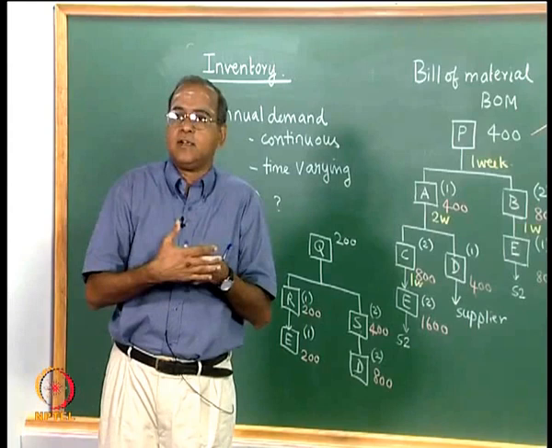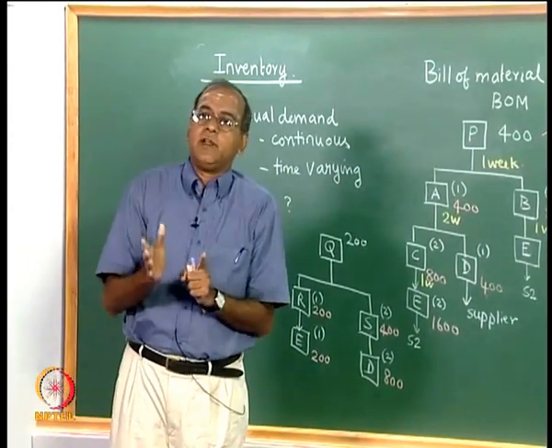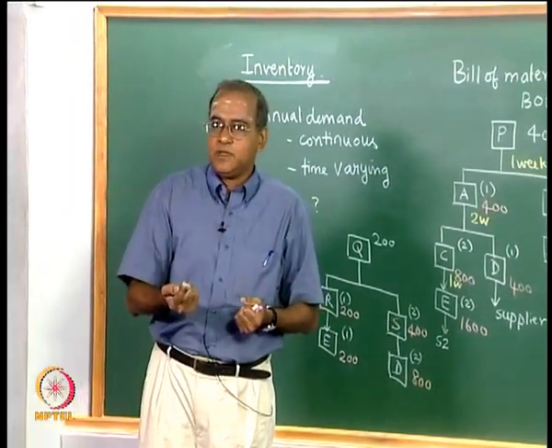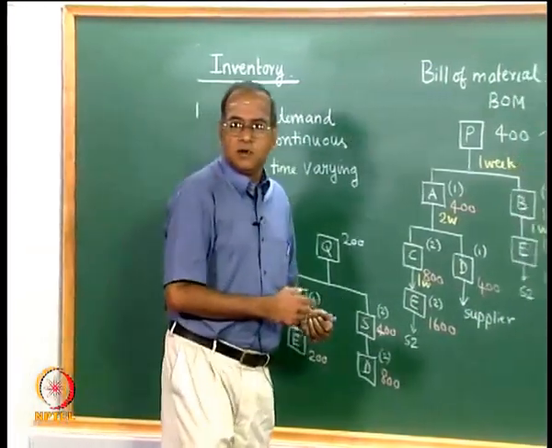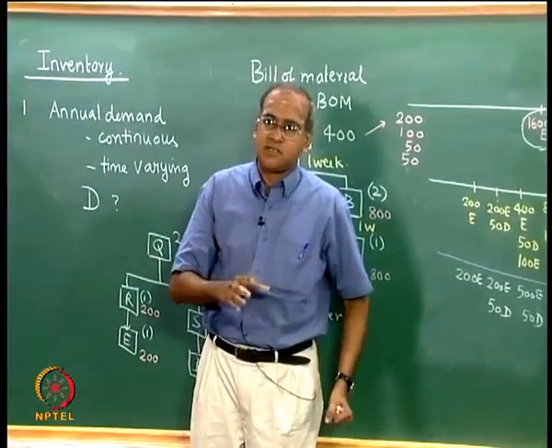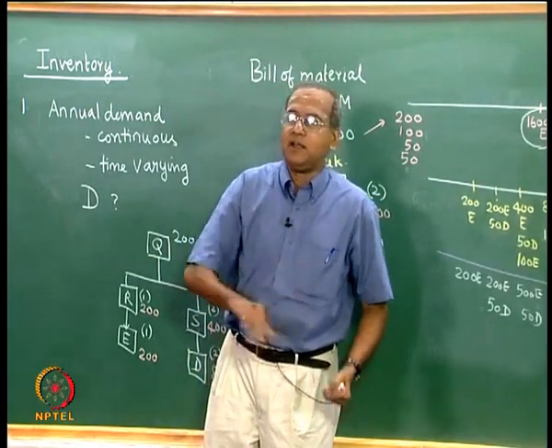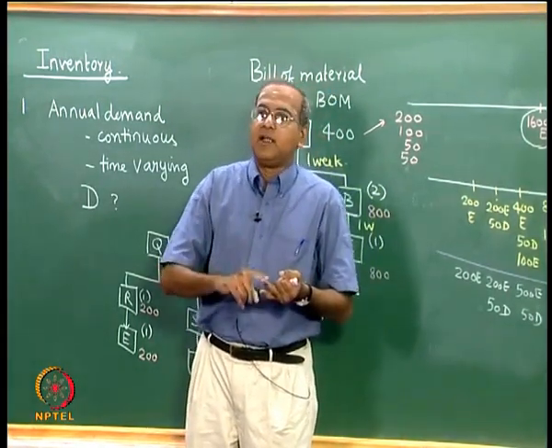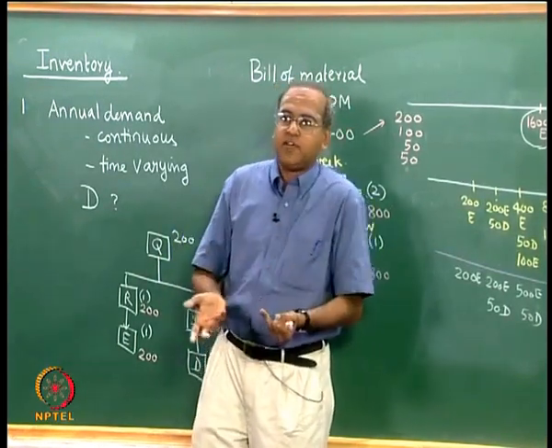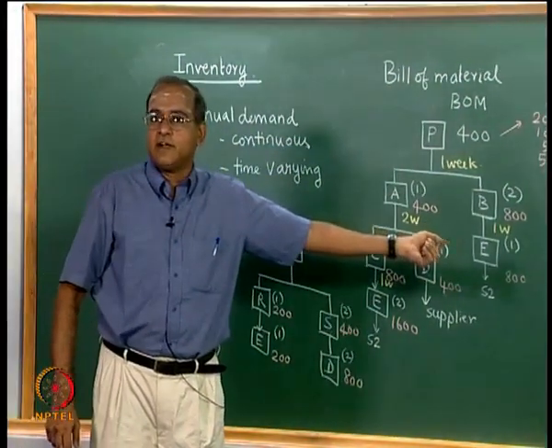So, when items are aggregated to a single vendor, we could apply multiple item inventory models, where by ordering items together we can save on the truck cost. So, all these models can be brought in to make effectively the entire cost of the materials management system as less as possible. At the same time, keeping in mind service levels, keeping in mind that we do not tie up too much inventory in the system, because today's manufacturing does not require organizations to tie up so much of inventory in the system.